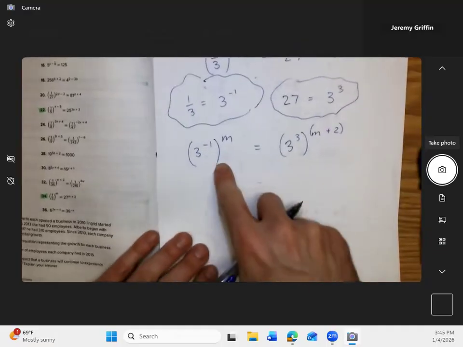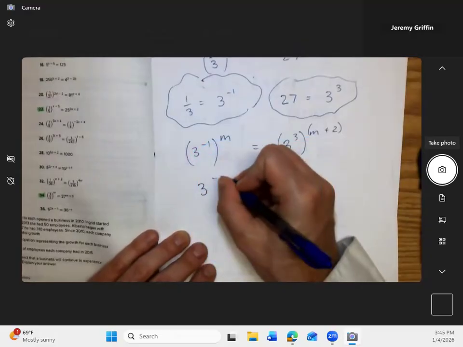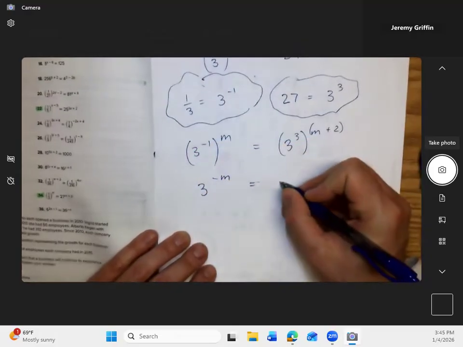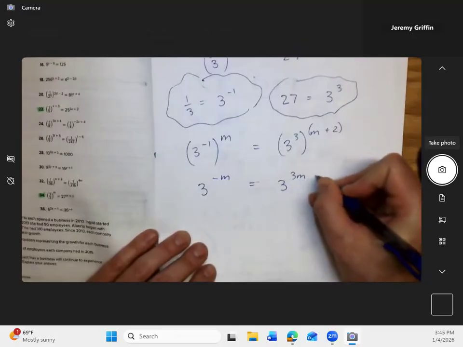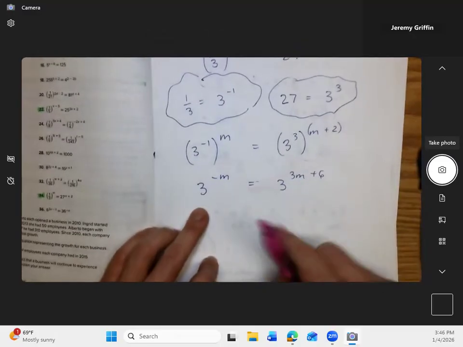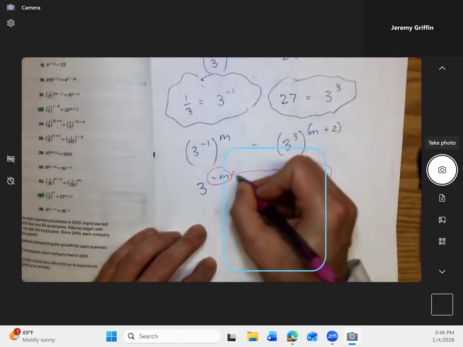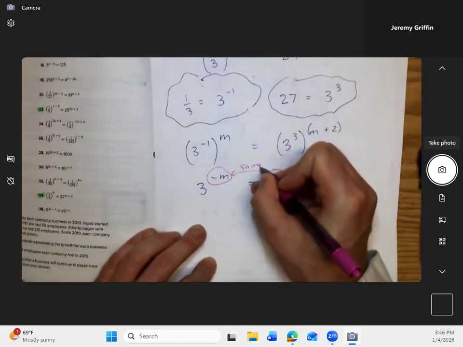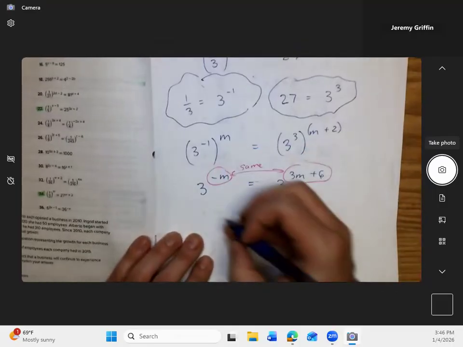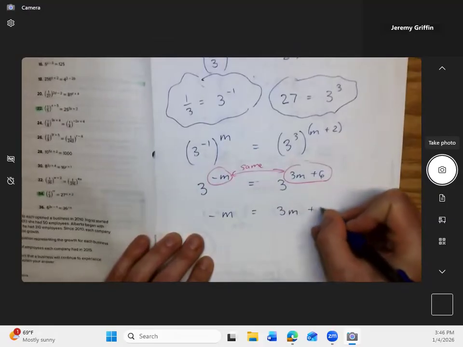Now, just like before, power to power, multiply. So 3 to the negative m equals 3 to the 3m plus 6. Now you have a common base, which is 3, so these powers must be the same as each other. Negative m must be equal to 3m plus 6.